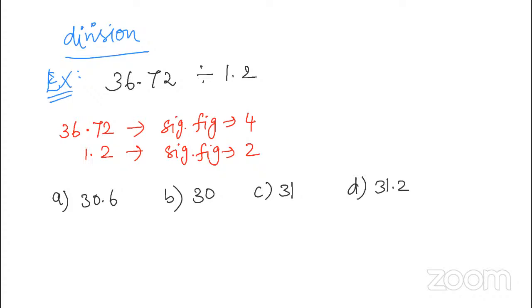So here we notice the options. For A, it is 3. And for B, it is 2. And for C, it is also 2. And for D, it is 3.